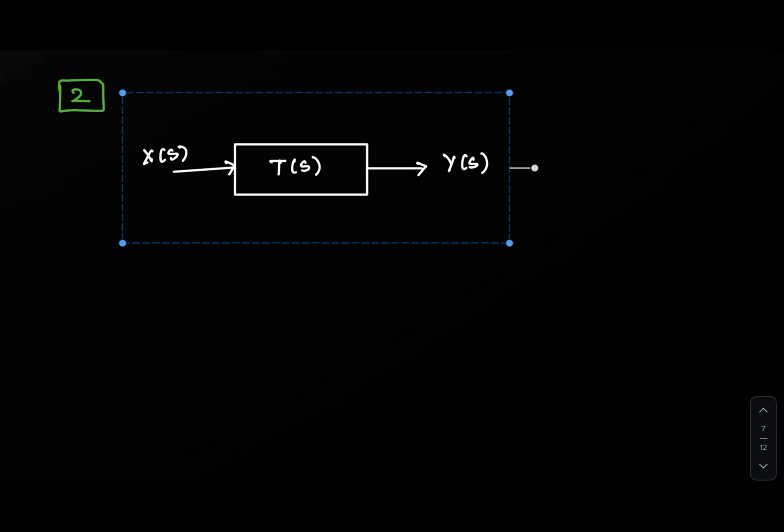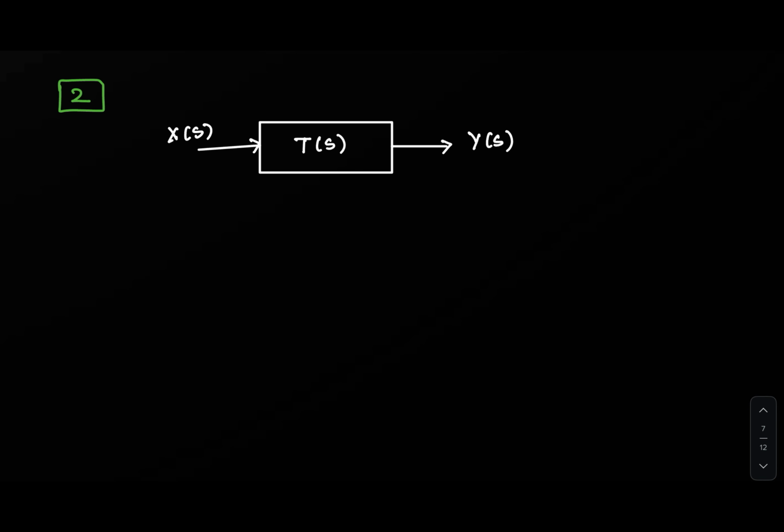So instead of x of s, let us say if I am representing x of s as r of s and y of s as c of s, then what will be my transfer function? So it will be c of s is equal to t of s into r of s.